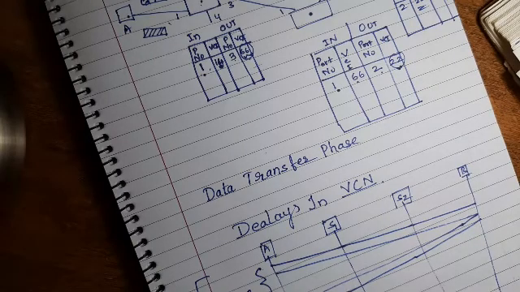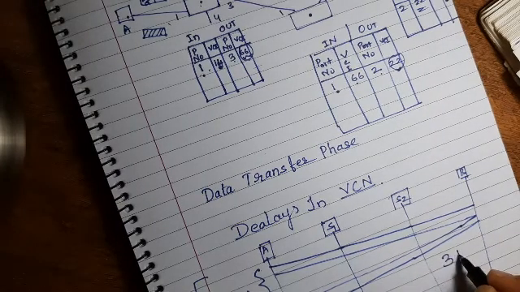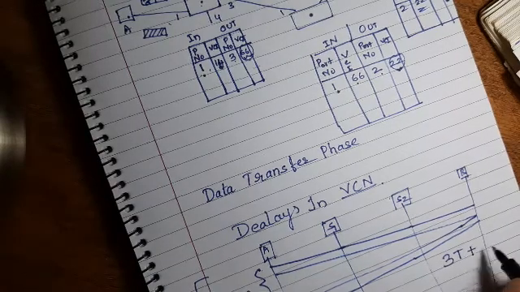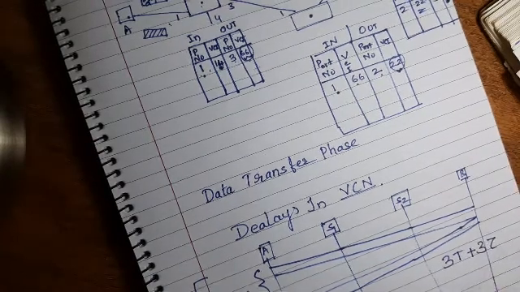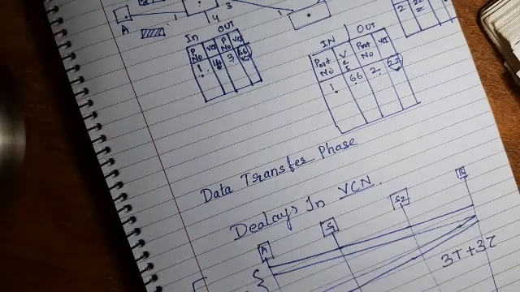The total delay in the case of a virtual circuit is 3 transmission times plus 3 propagation delays. There are no waiting delays like in a datagram network.